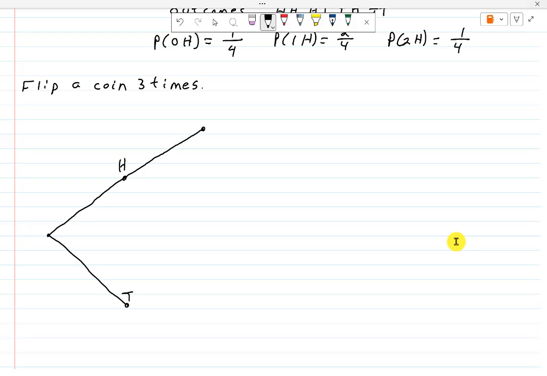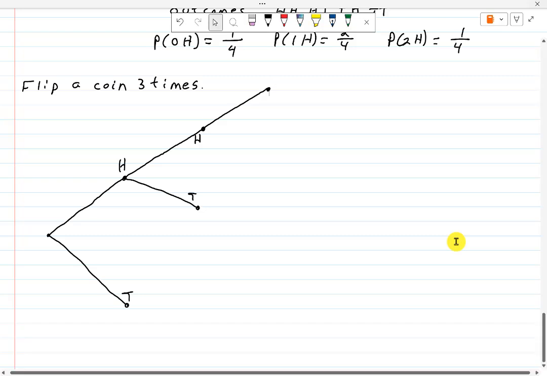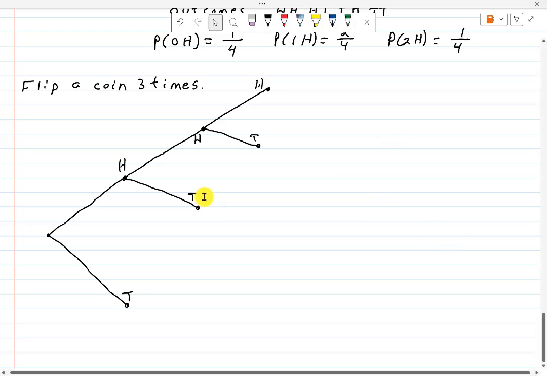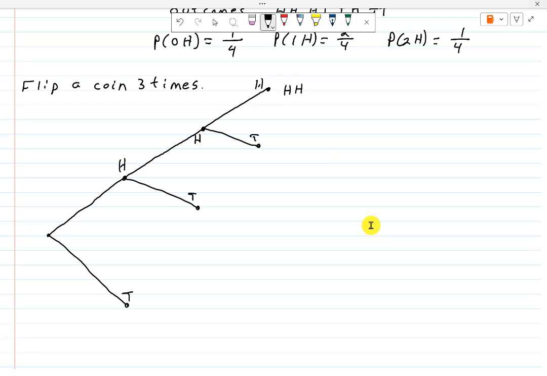On my next flip, I can get heads or tails again. And on the third flip, once again, I could get heads, tails. So let's follow along here. We have heads, heads, heads. The next one after that was heads, heads, tails.